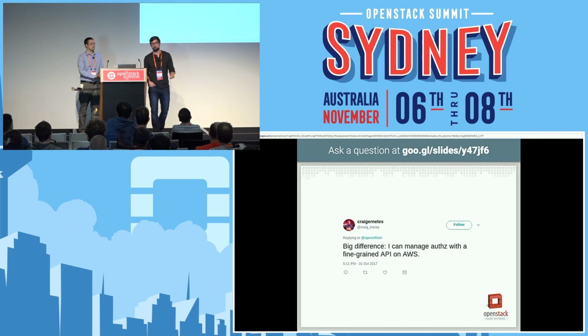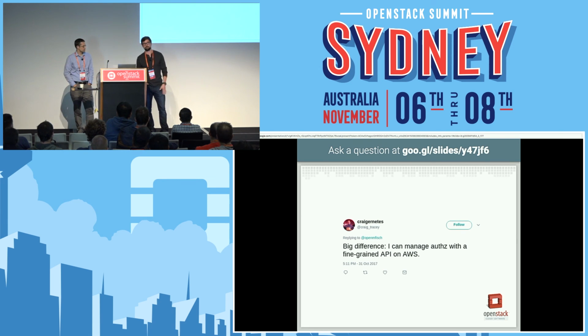If somebody wants to write their own policy API where they can expose that to their customers, and one of their customers is a domain admin, they can give them access to modify those policies, and then they can start doing things like they would do in AWS, right? Ultimately, that's where we want to go, but we need to crawl before we walk and walk before we run, and we have a lot of things that we need to clean up before we get to that point. It's understood.